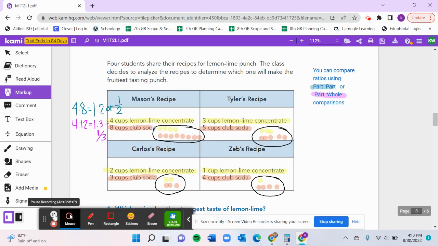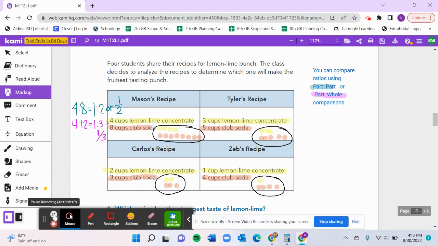And if you look closely, I've highlighted that for you in blue and in purple. So for number 1, Mason's recipe, he has 4 cups of lemon lime concentrate to 8 cups of club soda. I also modeled what that would look like.